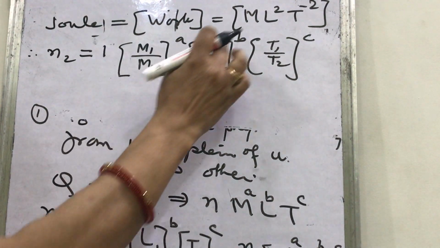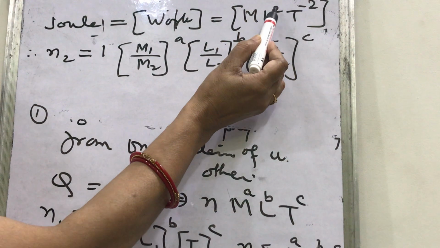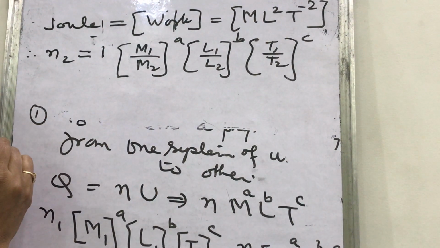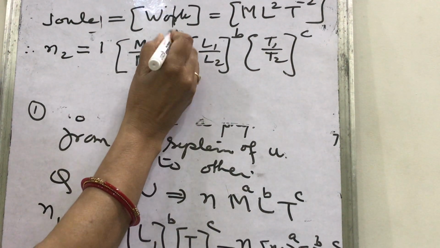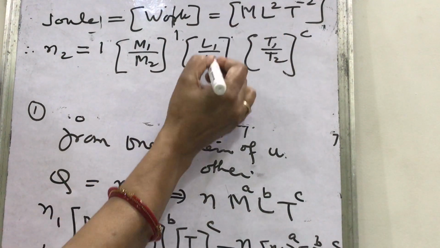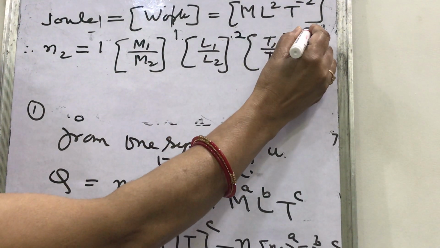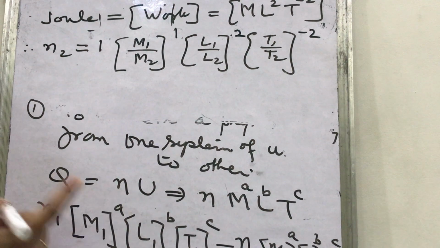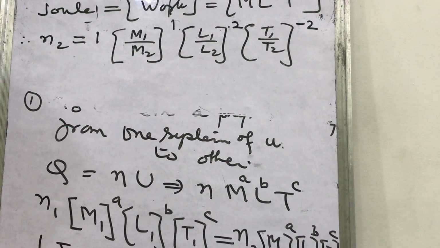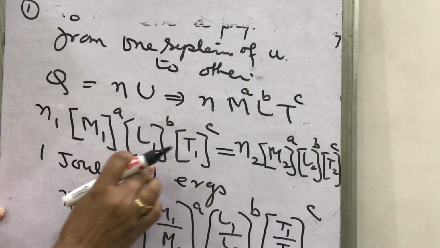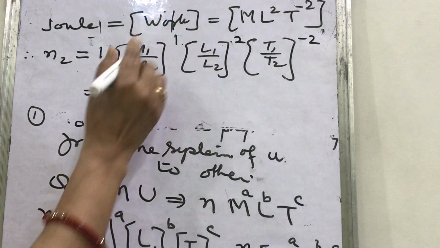Look here, in M L T the mass has dimension power 1, length has 2, and time has minus 2. So in place of a write 1, in place of b, the length dimension, write 2, and in place of c write minus 2. Then M1 L1 T1 in the first system is joule, written with mass in kg.